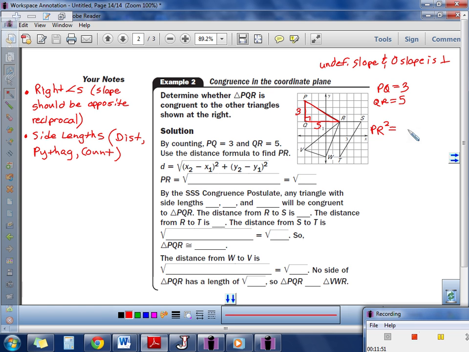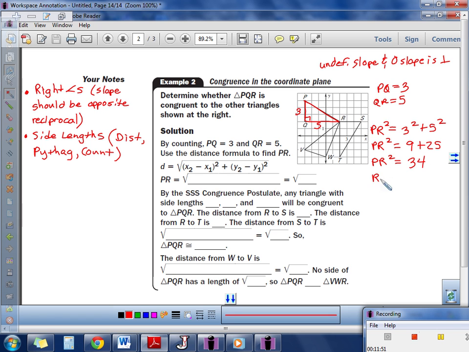The other two we usually call A and B, those are the legs, so that's a 3 squared and a 5 squared. What's 3 squared? 9, and 5 squared is 25. 9 plus 25. And how do you get rid of squaring a term? Square root.